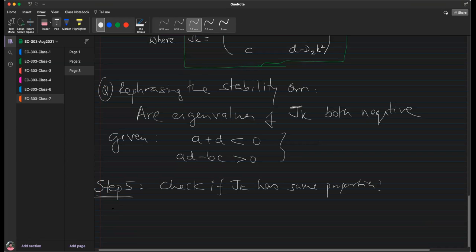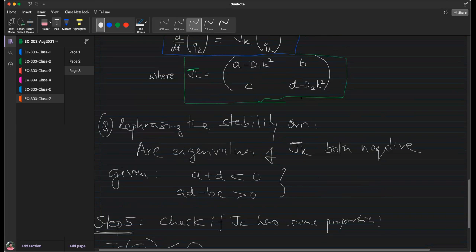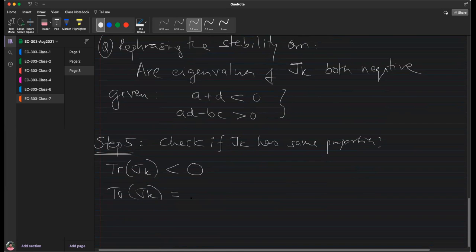What are those same properties? Trace of JK, if it is stable, what must happen to trace of JK? It must be less than 0, right? And what is trace of JK, by the way? Trace of JK is A plus D minus K square (D1 plus D2).